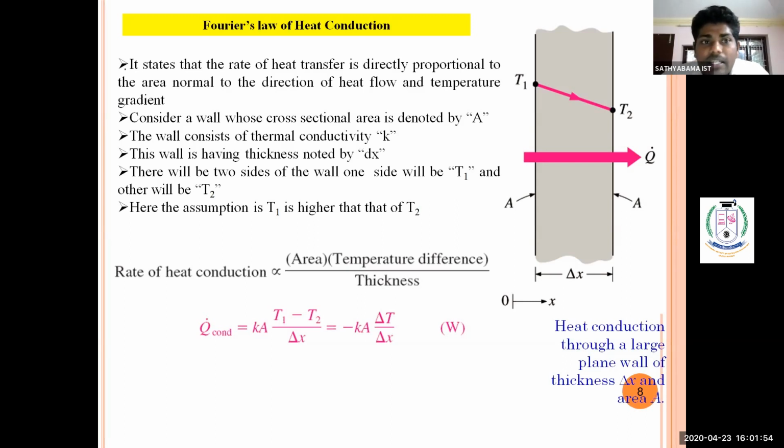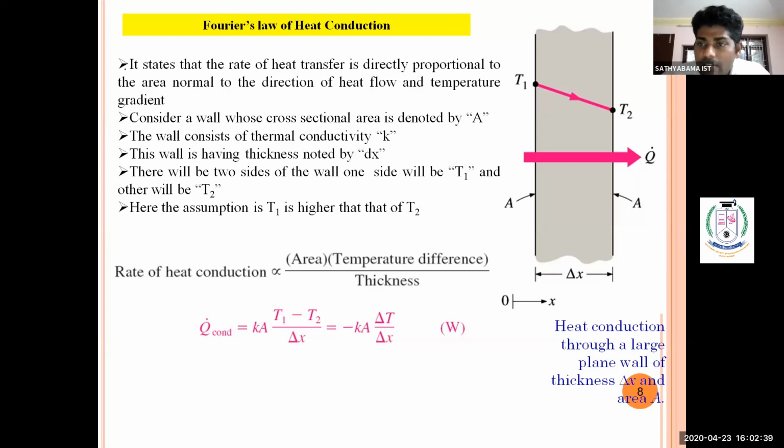Considering this plane wall, the rate of heat transfer Q is directly proportional to the area normal to the direction, and to temperature difference. So Q is equal to A into del T, where del T is T1 minus T2, the initial temperature minus the exit temperature, divided by length, which is thickness, del X. This is the basic formula for Fourier law of heat conduction: rate of heat conduction Q equals K into A into T1 minus T2 divided by del X.